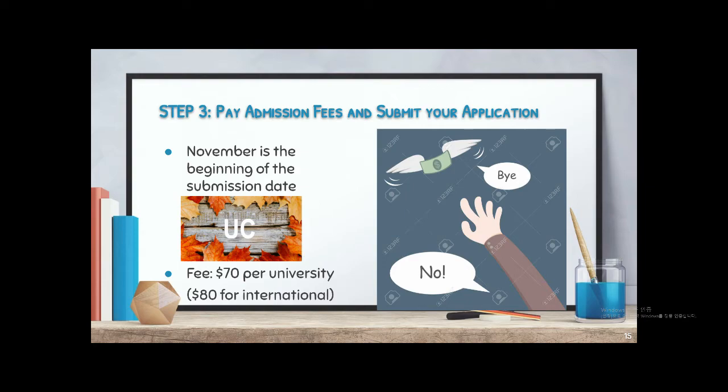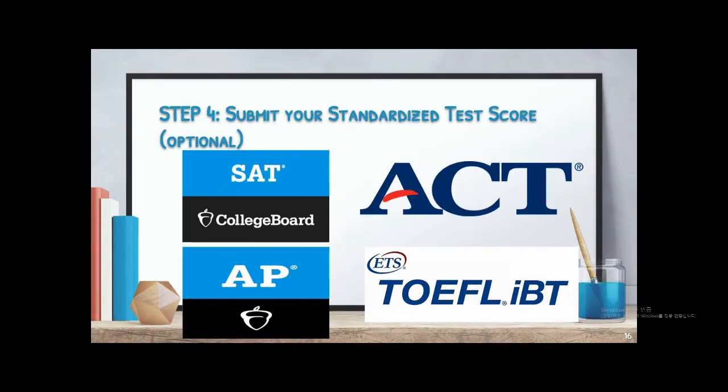Once everything is set, you'll pay the necessary fees. The application fee is $70, but for international students, it will be $80 for each UC school you apply to. Then you'll click submit and your application will officially be sent to the UC schools you're applying to.